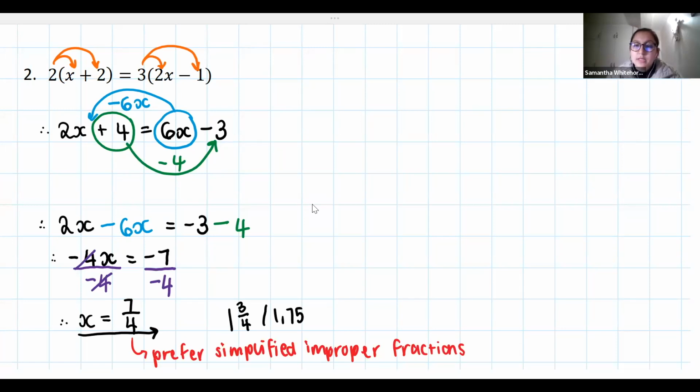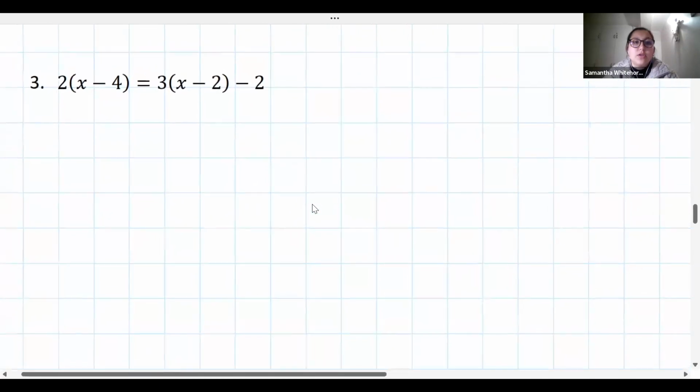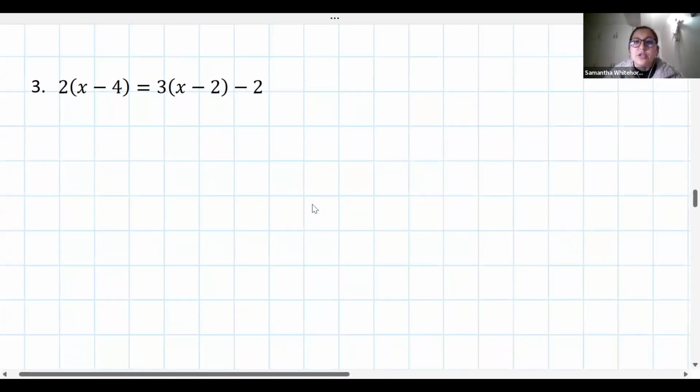Right, guys, I hope we've all taken our screenshots. So what I want is I want you guys to try question 3. So remember, distribute first, and then you can get all your x terms to one side, your constants to the other side, and solve for x.